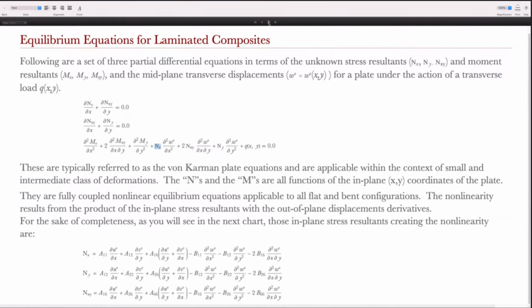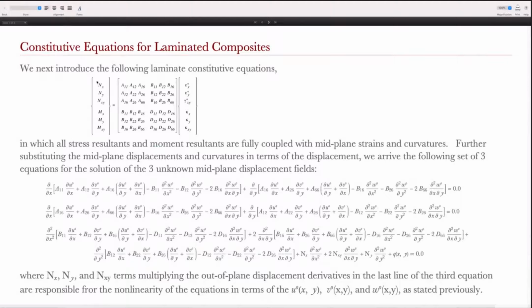come from the next chart, this one, that Nx, Ny, and Nxy is equal to A, B, B, D, and epsilon x, epsilon y, gamma xy and kappa x, kappa y, kappa xy. So now these are written in terms of displacements. Curvatures are second derivatives of the w displacement.